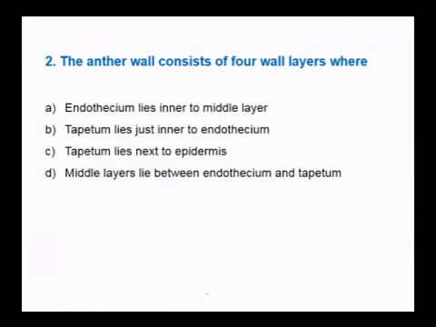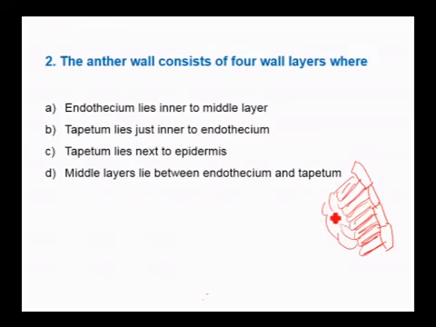Next question. The anther wall consists of 4 wall layers. If you take the anther wall, the outermost layer is the epidermis, a protective layer. Then the second layer is endothecium, which has radially elongated cells with hygroscopic lateral walls which absorb water, and the middle layer of cells which store the food, and the last layer, the tapetum.